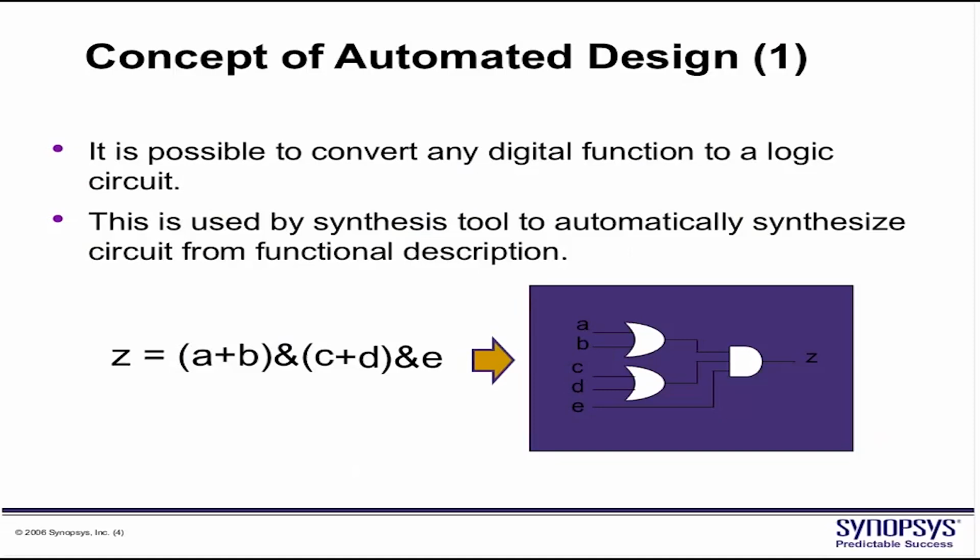For example, on the left-hand side you have a logic function equal to (A or B) and (C or D) and E. This statement is written in a high-level language. It could be Verilog or VHDL. So the tool will read this and convert it to something represented by the right-hand side, which is a logic circuit. This is a very simplistic explanation of the process.